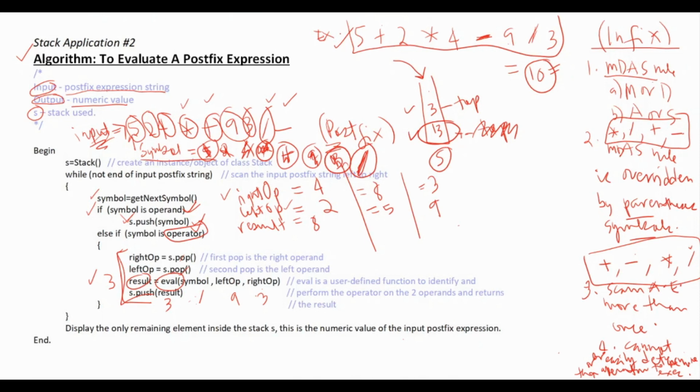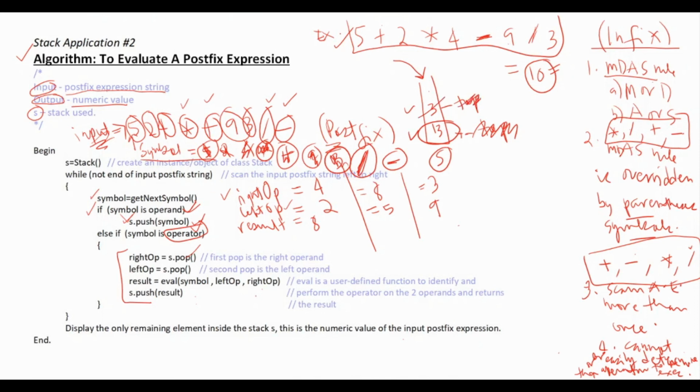Next iteration, we get the next symbol, which is subtraction. It is an operator, and therefore we execute this part again. So first pop returns to us this 3. Okay, so this is popped out.